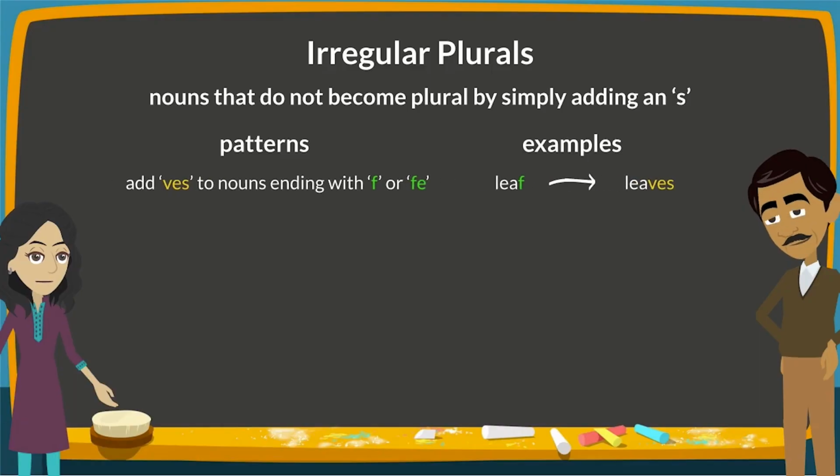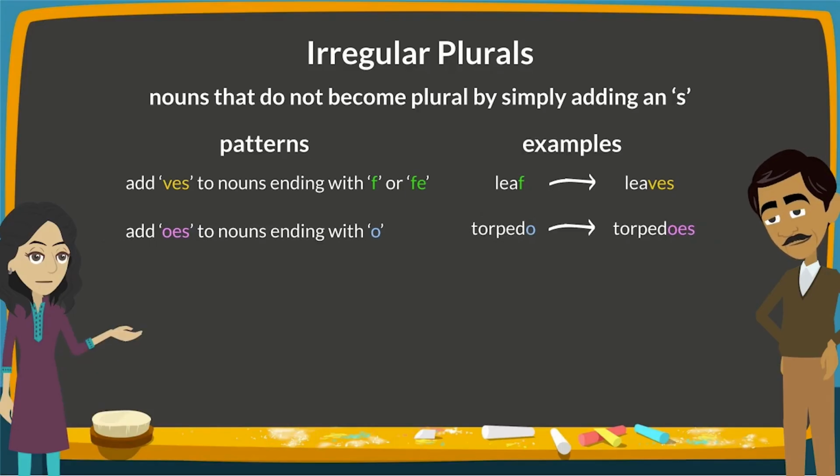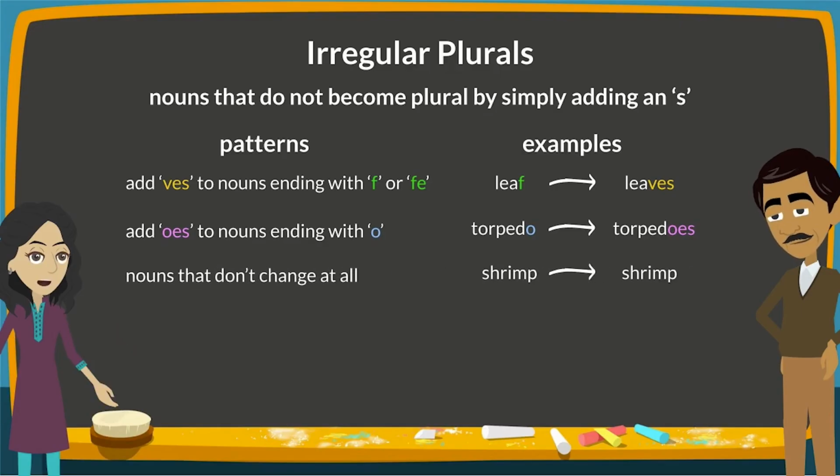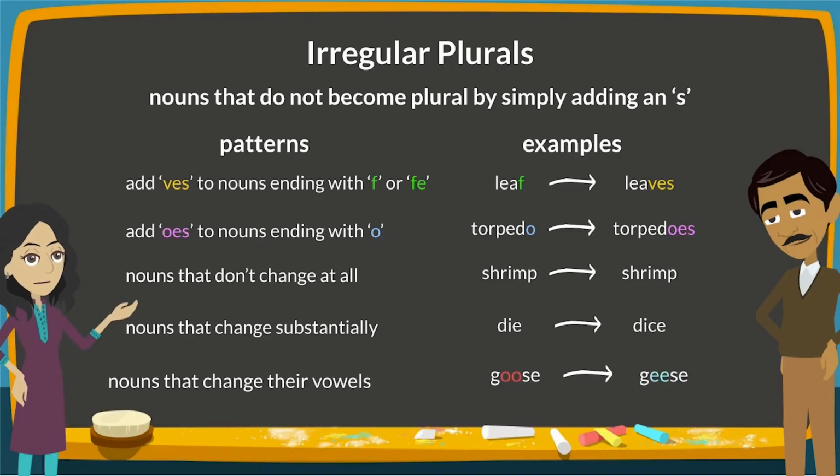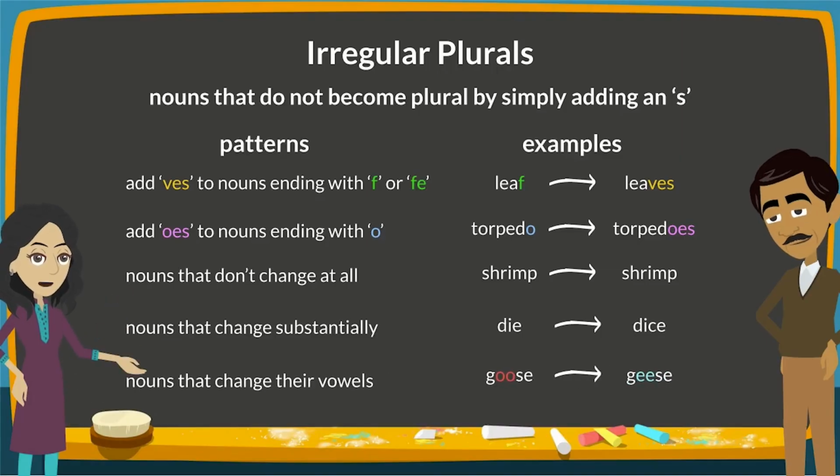We add V, E, S to words that end with F or FE. We add O, E, S to words that end with O. Some nouns have the same spellings for both singular and plural forms. Some nouns change substantially when made plural. Some nouns become plural by changing their vowels.